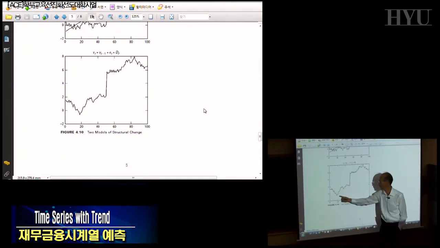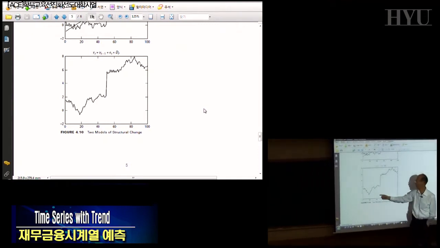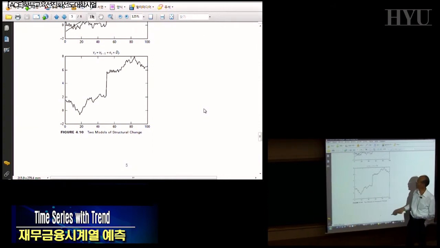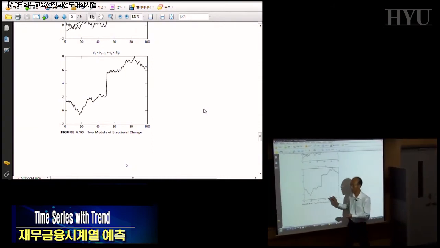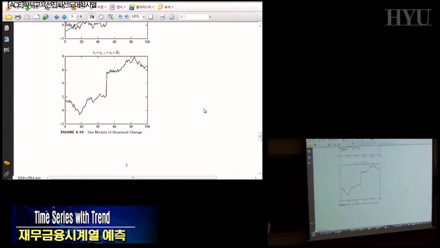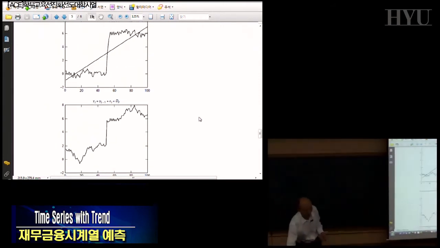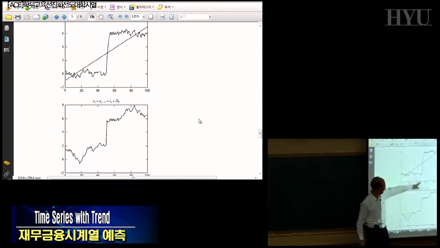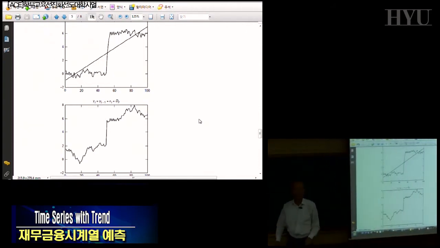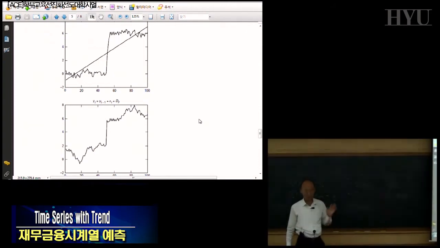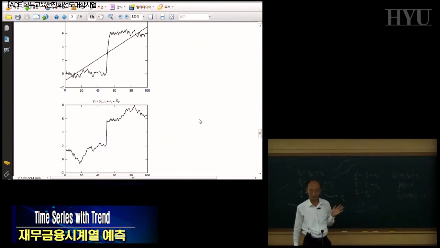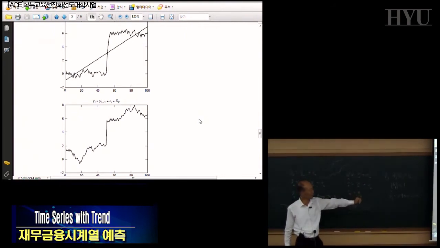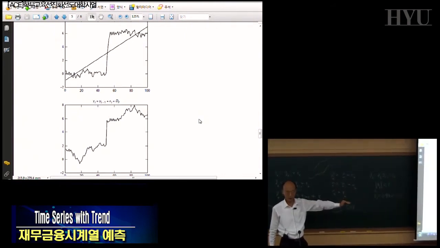So 0 and plus and 0. Okay. So what's the similarity and the difference between these two series? This one and that one? They look similar, right? And in both cases, probably you are more likely to find the unit root.